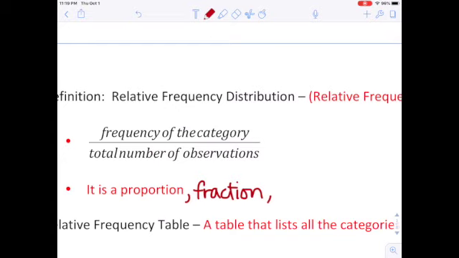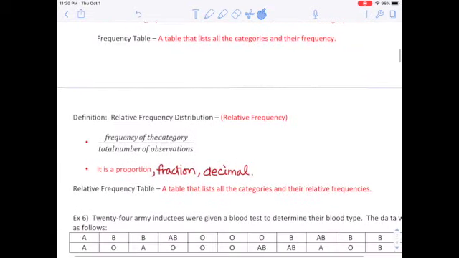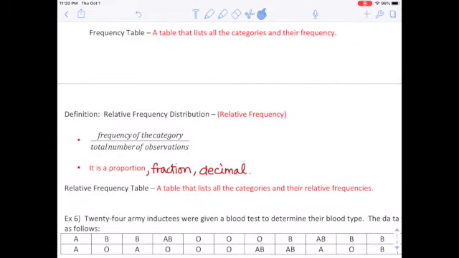And we can write it as a decimal. A relative frequency table is a table that lists all the categories and their relative frequency, which in this case could be fractions or decimals. Because we are graphing, we are going to use the decimal. So you need to make sure that when you set up your table, you know how to find the frequency of the category. That means being able to put it in fraction and put it in decimal.